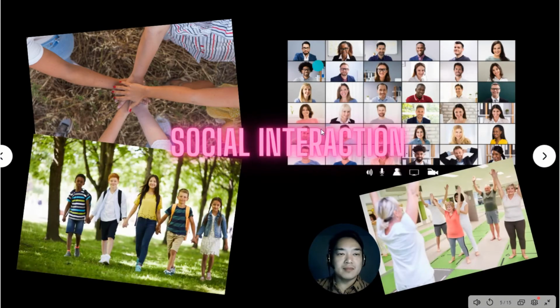Other examples of social interactions are when you are engaged in a Google Meet or Zoom meeting with your colleagues to talk about anything under the sun, when elderly people are doing a group exercise, or when children are playing games or talking with each other when they are in school or wherever they may be.